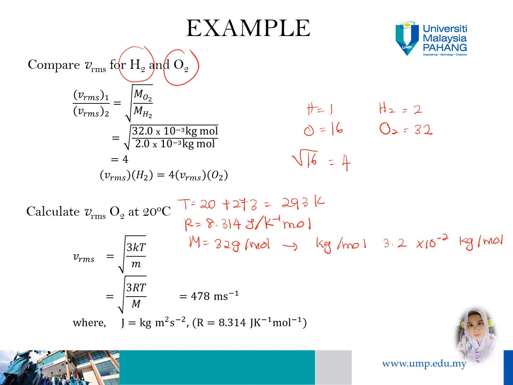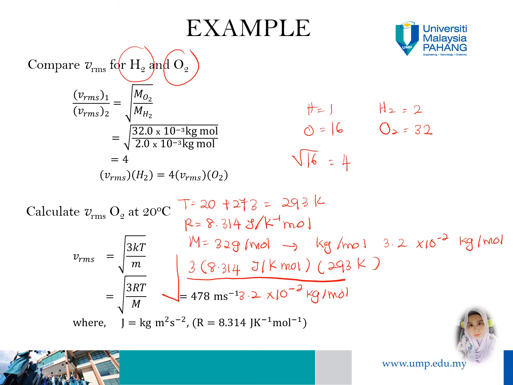So we need to substitute into the equation: 3 times R, which is 8.314 J per K mole, times 293 Kelvin, divided by the molar mass, which is 3.2 times 10 to the power negative 2 kg per mole. Okay, then take the square root.